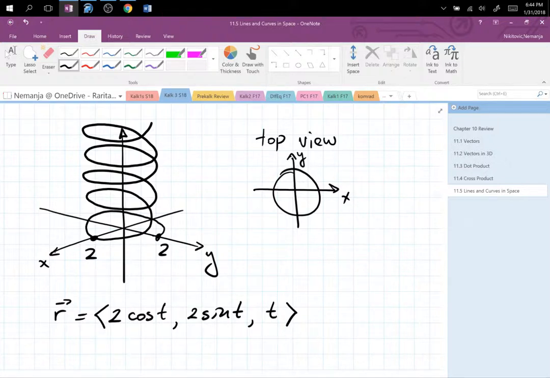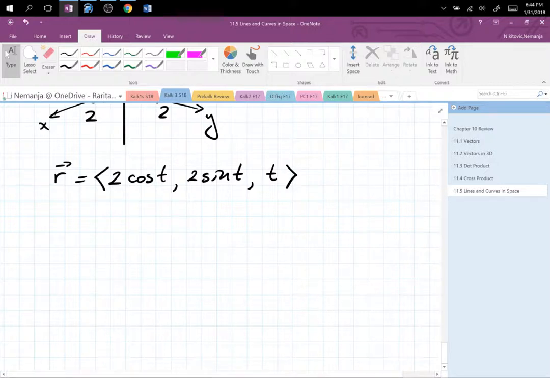I can make a spring that starts at maybe t squared. T squared is going to start wrapping like this, and it's going to rise much faster, right? So if you have a nice helix, which is your spring, it's not like the ends of the spring at all.